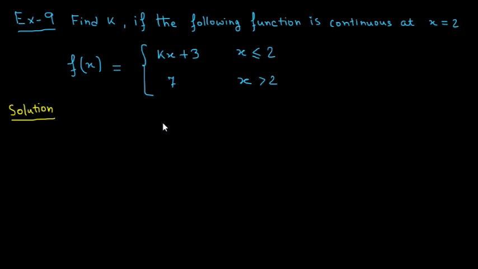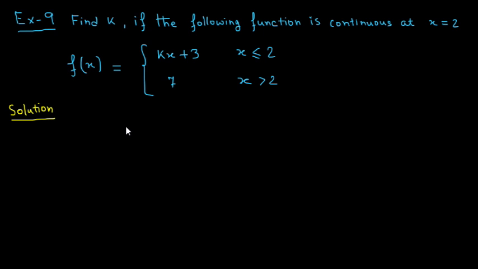So our next example is find k if the following function is continuous at x is equal to 2, f(x) is equal to kx plus 3 where x is less than or equal to 2 and f(x) is equal to 7 when x is greater than 2.